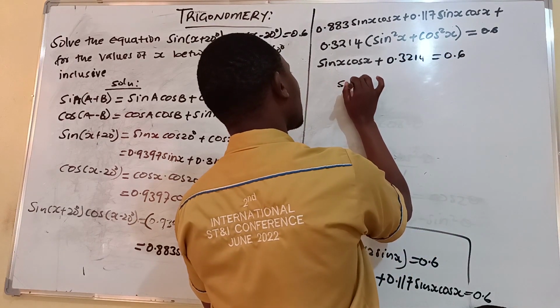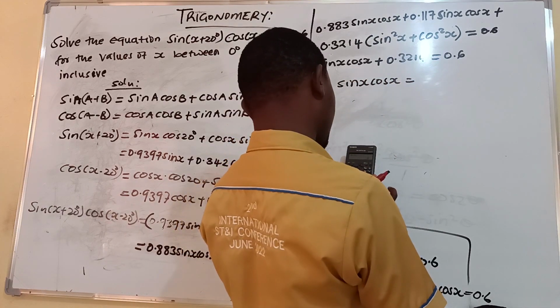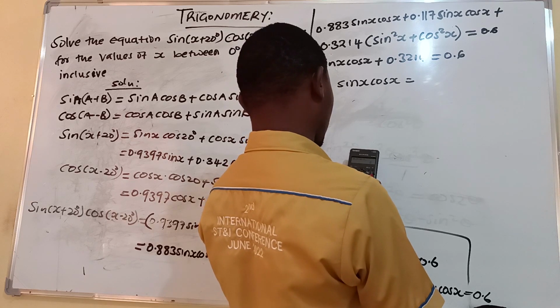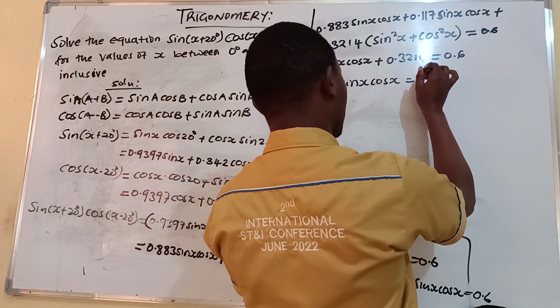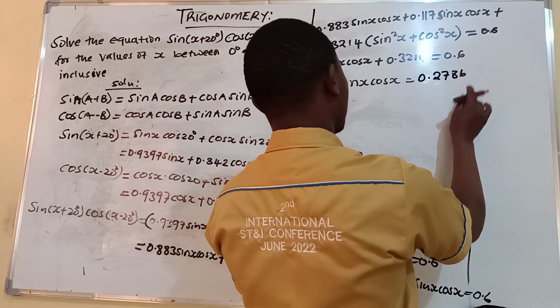So sin x cos x is equal to 0.6 minus 0.3214, which is 0.2786.